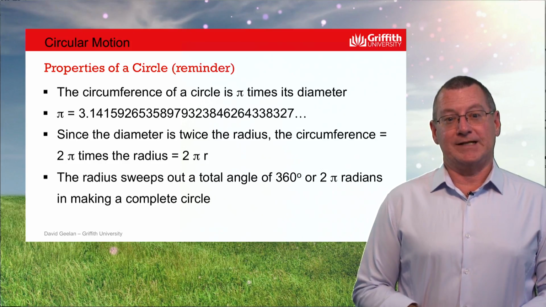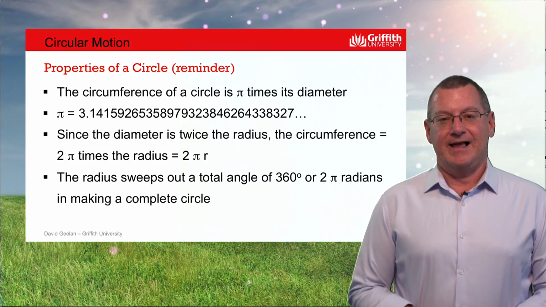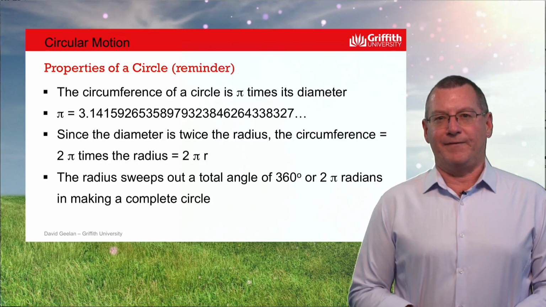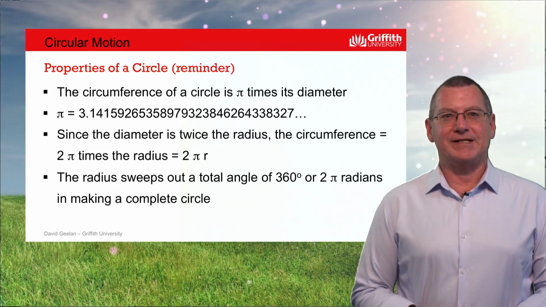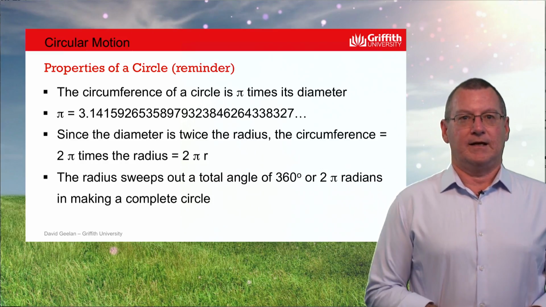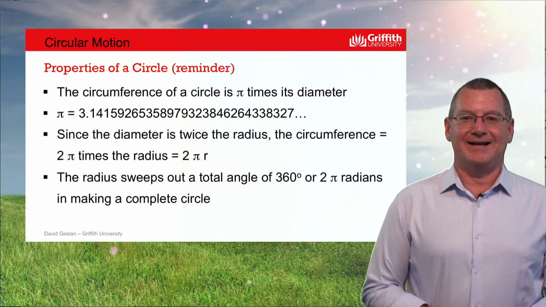So 15 digits, and there's more than 15 digits there. So it's very, very precise if you use a lot of digits, but even 3.14 is fine for most everyday purposes. The diameter is twice the radius, or the radius is half the diameter.